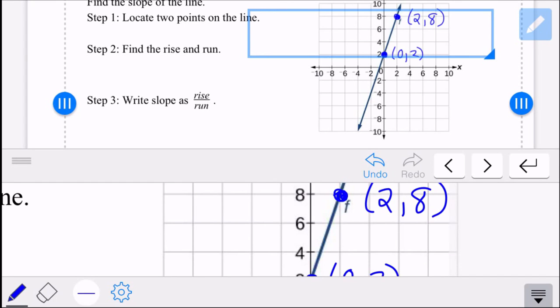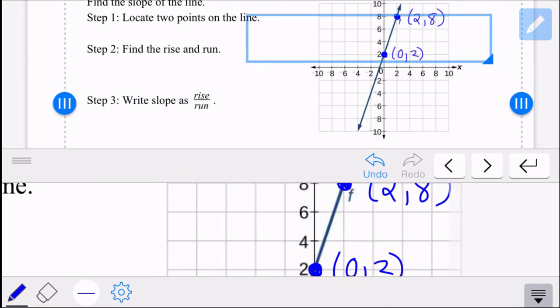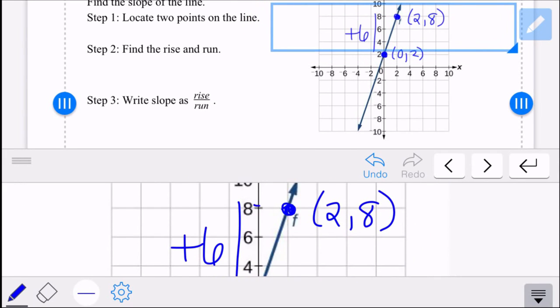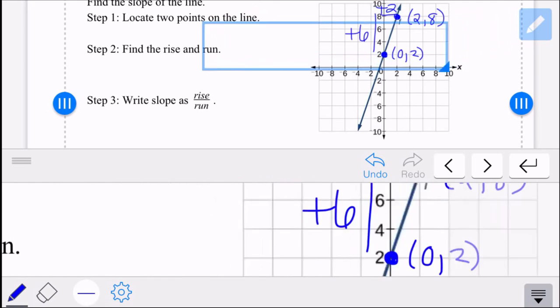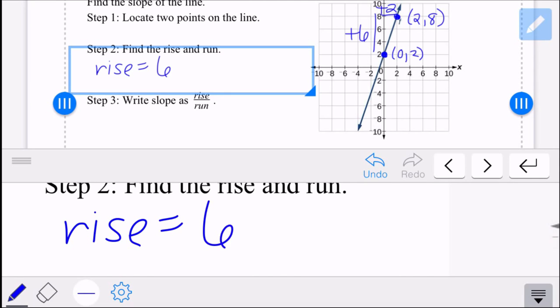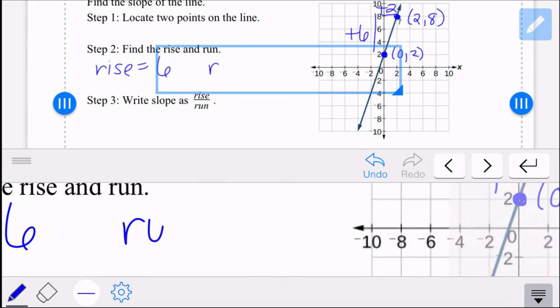So now we need to find our rise over our run. Well, our rise is the vertical change. How far are we moving up? We're going from 2 to 8, so that's a positive 6. Then our run, we're coming from 0 to 2, so that's a positive 2. So over here, we've got our rise, that was 6, and our run was 2.